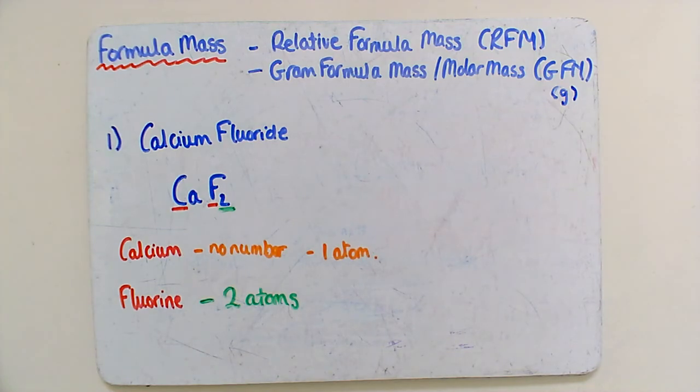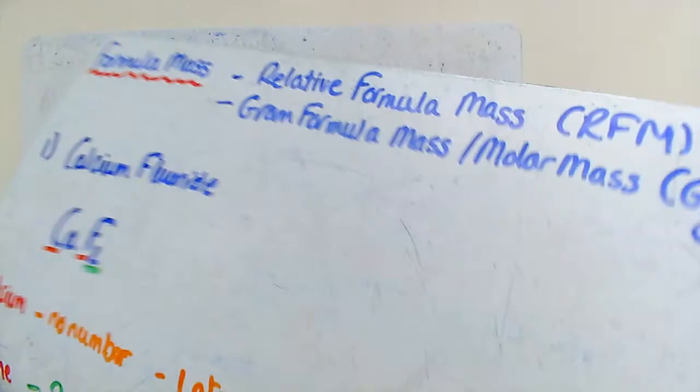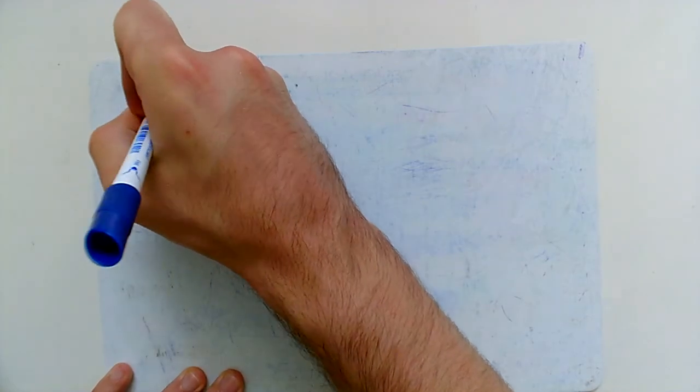Now the situation does get a bit more complicated whenever we introduce brackets into a formula, which you will sometimes see. So here is a formula that has brackets in it.